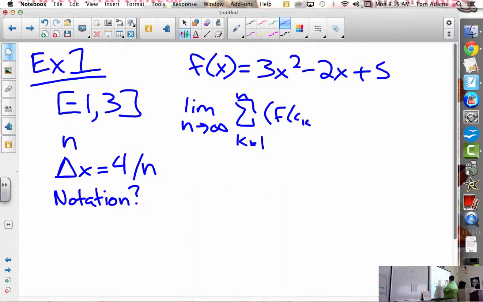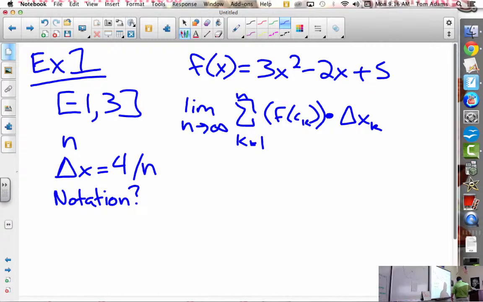So we're going to say c sub k, right, times delta x sub k. But we want the midpoint. So we're going to arbitrarily choose some x values that we're going to plug into our function.